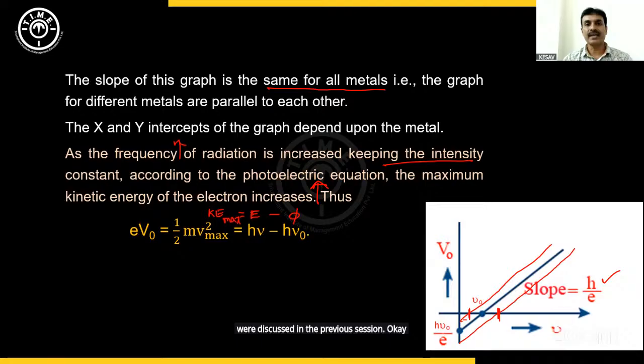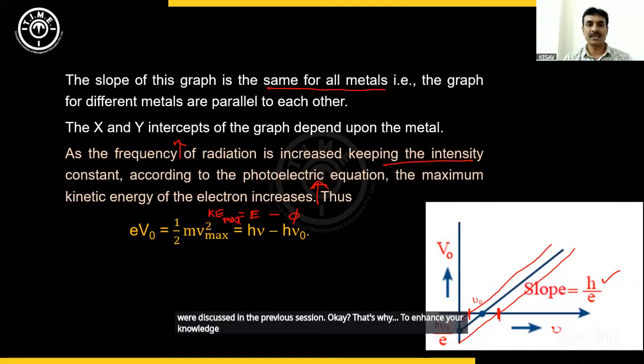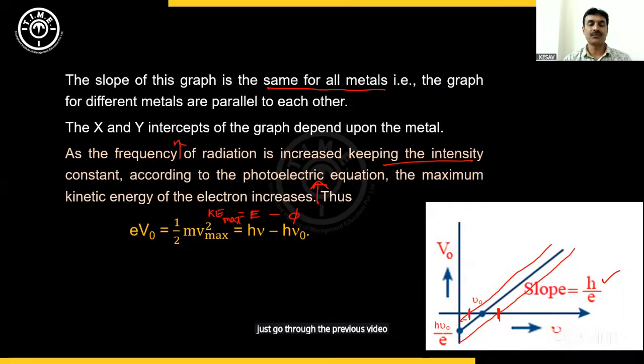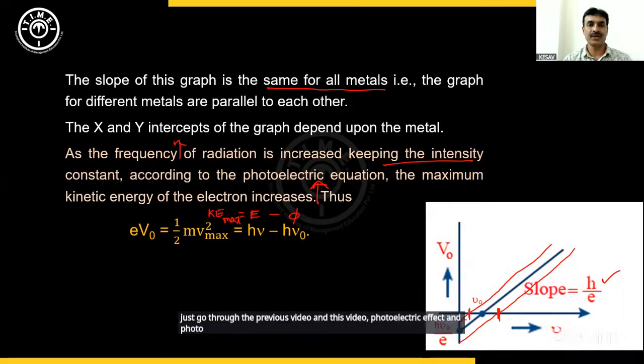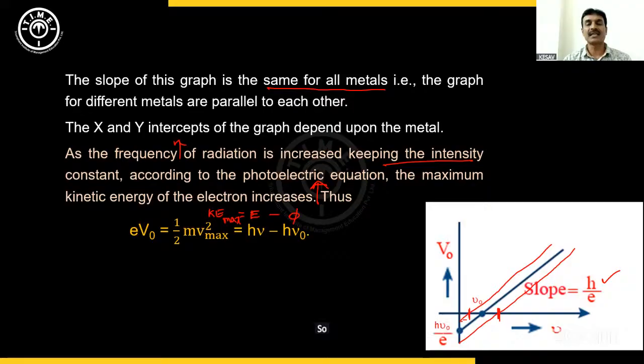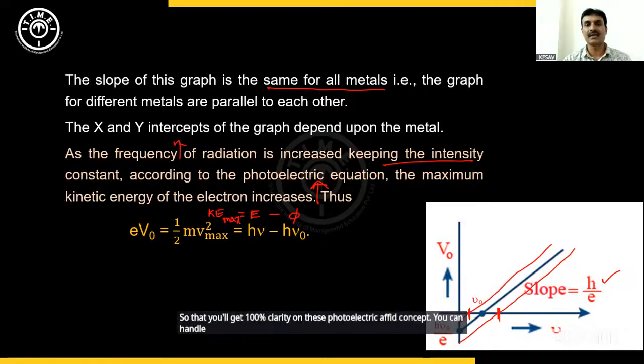Okay, that's why to enhance your subject knowledge on this particular concept, photoelectric effect, which is very, very important for your board exams as well as any type of competitive examination, just go through the previous video and this video, photoelectric effect and photoelectric effect 2 videos, so that you will get 100% clarity on this concept. You can handle any type of question based on this photoelectric effect.